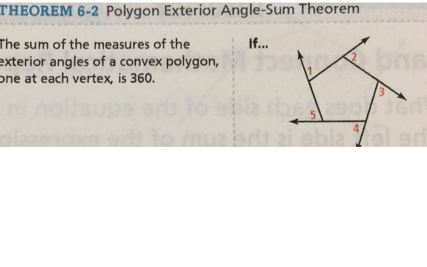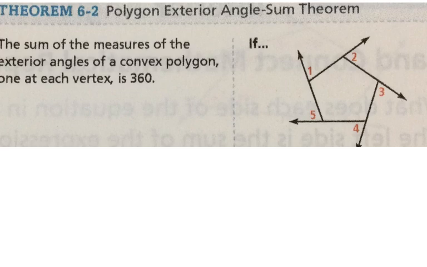Every time. So think about a square. All of these interior angles are 90. What are all these exterior angles? Well, they're all part of a linear pair.